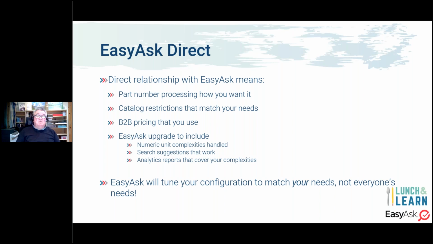So for example, part number processing might work well for 30% of storefront customers, but the other 70% are putting up with something which means that a lot of part number searches simply fail. We can configure part number processing to match how your part numbers look, and to make sure that when users type a partial part number, for example, they are seeing that product in the results.